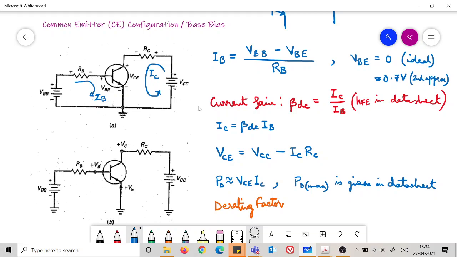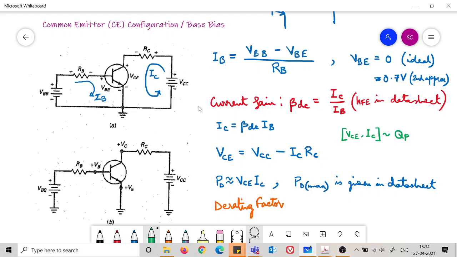So you get the VCE and the IC, and this particular VCE, IC pair gives you the Q point, the operating point of the transistor. If you are asked to find out the operating point or the Q point of a particular configuration, you are asked to find out the IC and VCE values. Please bear this in mind.